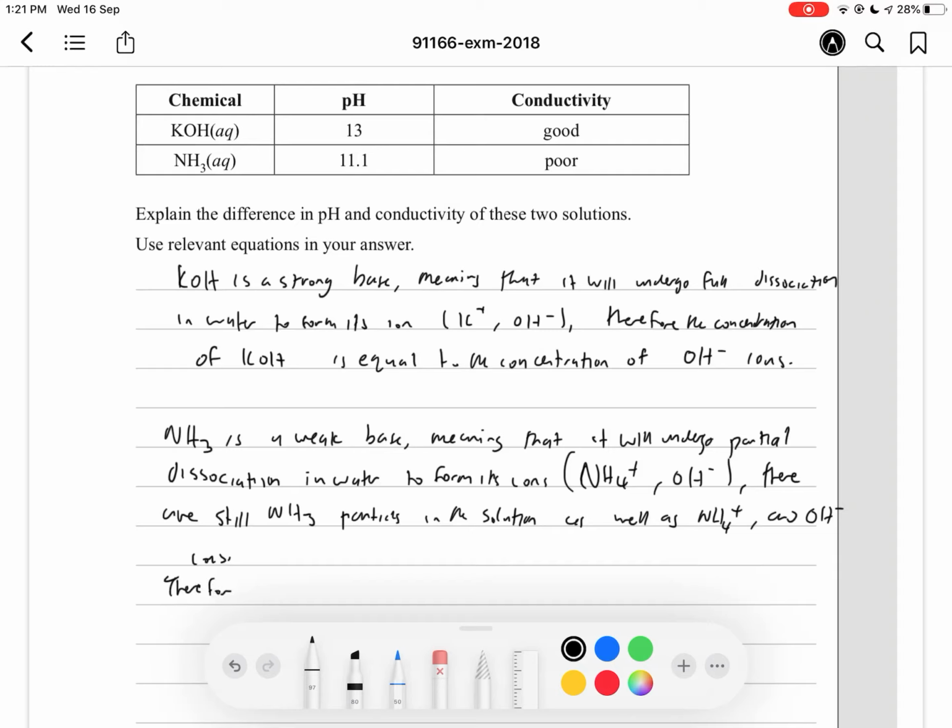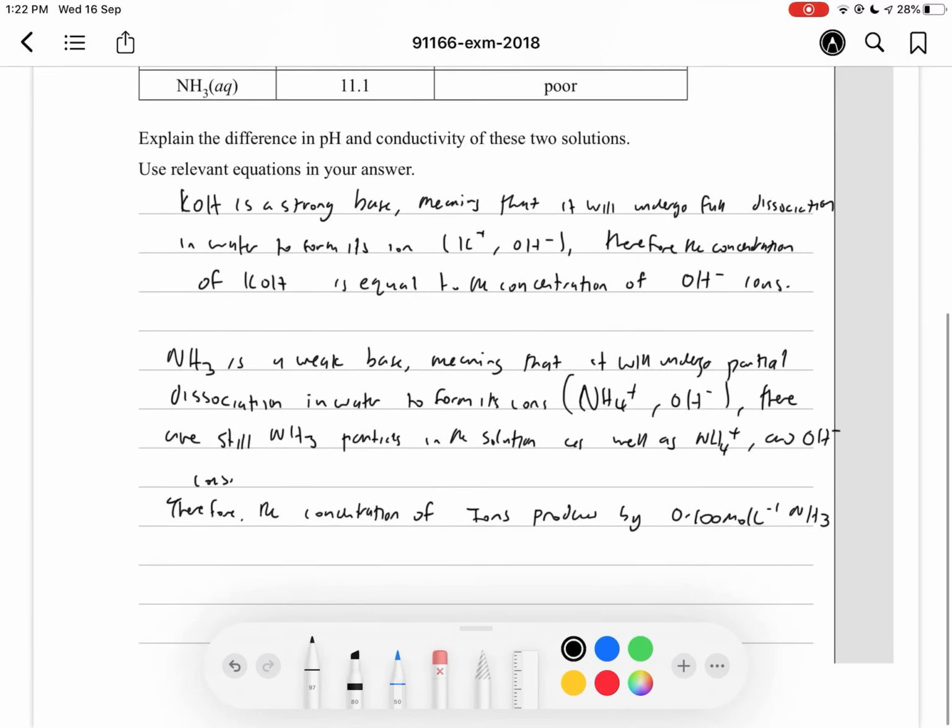You can say therefore the concentration of ions produced by 0.100 mole per liter NH3 is less than the concentration of ions produced by KOH, which is also 0.100 mole per liter.